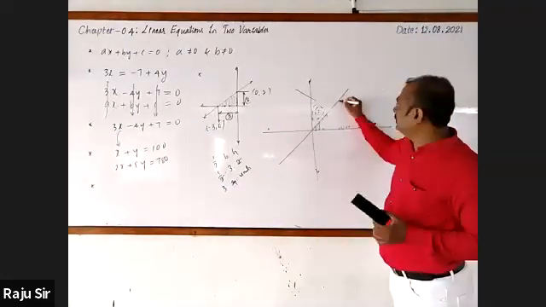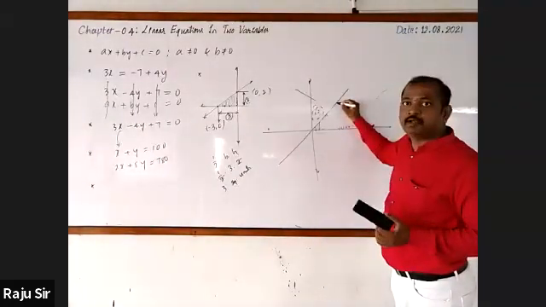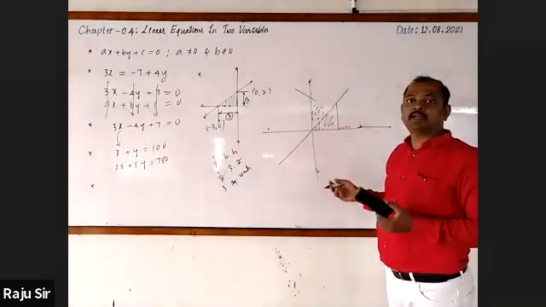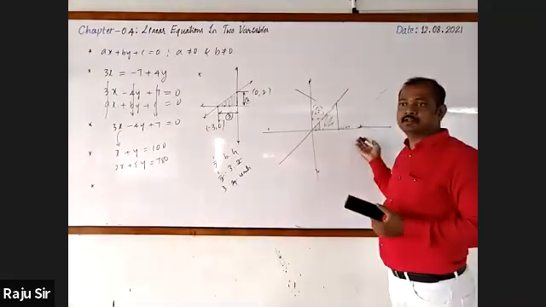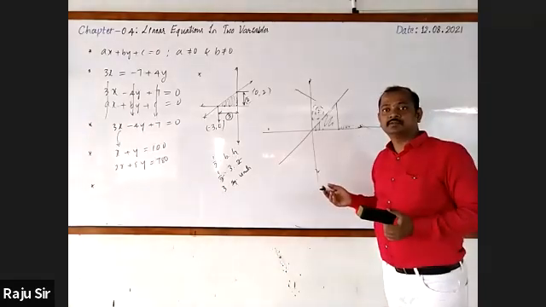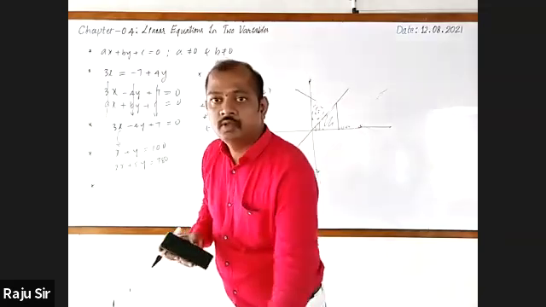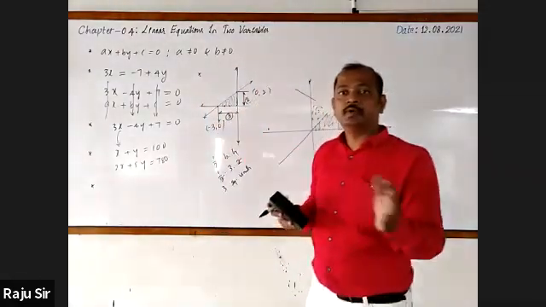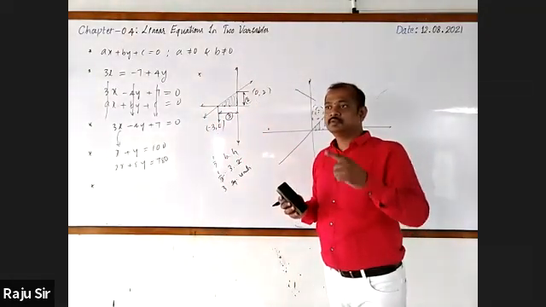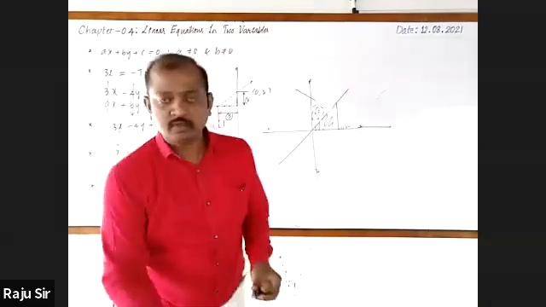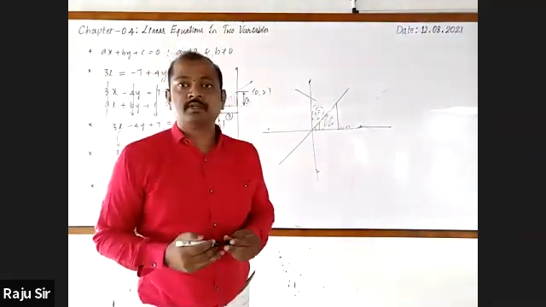For example, if it is 2,3, draw the perpendicular from 2,3 and find the area of the triangle obtained by the graph and the x-axis. Like that, we may ask. Got it? Yes, sir. Hope that you have no more doubts. Now, shall we continue today's class? Yes, sir.